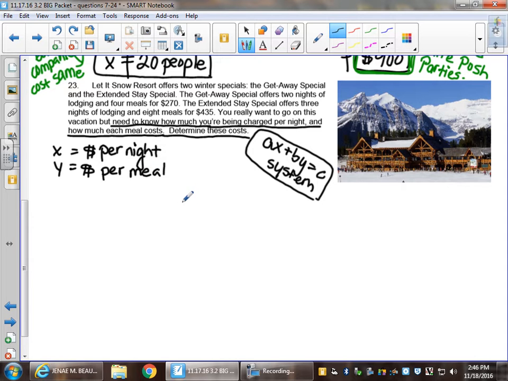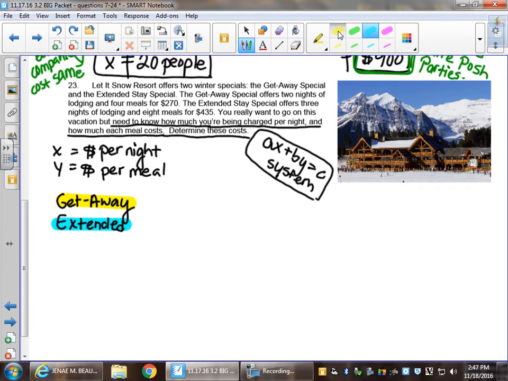And now we need to see what we're mentally going to group together. There are two specials mentioned here. The Getaway Special, and the Extended Stay Special. I'm just going to call that Extended. I plan on making Getaway yellow, and I will make Extended blue.